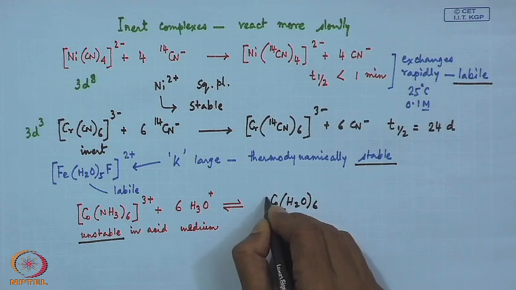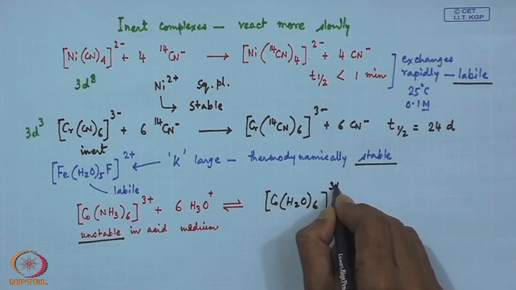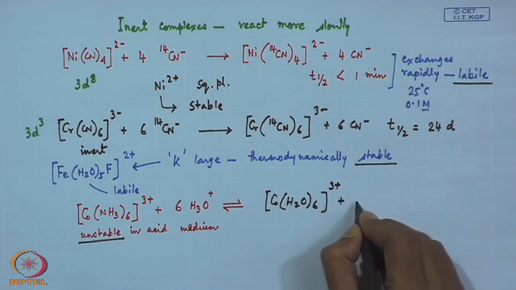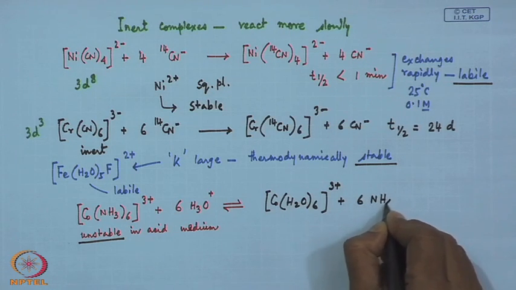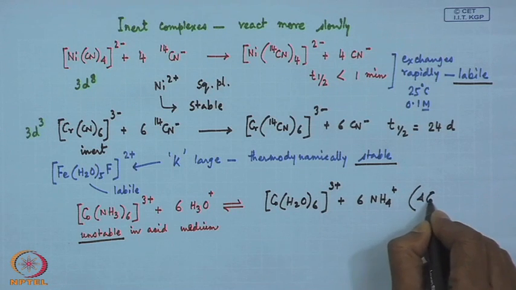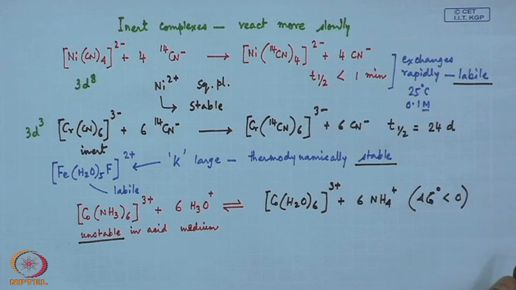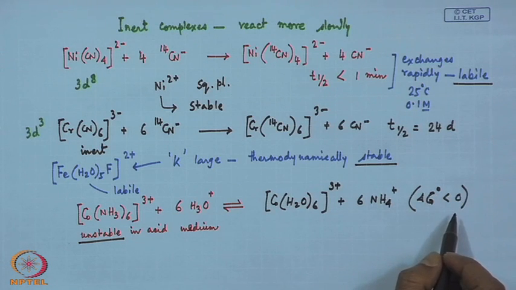hexa-aqua compound with 6 ammonium ions, and delta G0 is negative, that means it is spontaneous also.